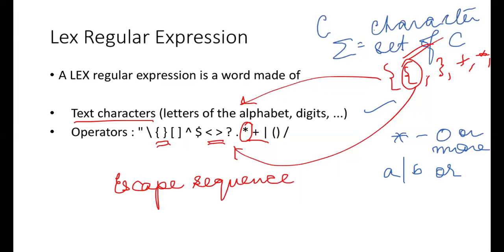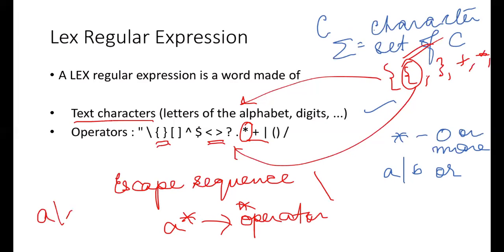Okay, so we can use this escape sequence, and the escape sequence is slash. So if I want star to mean operator, I will just give, say, A star. So it means star here is an operator. But if I write A slash star, now here star is preceded by the escape character slash.